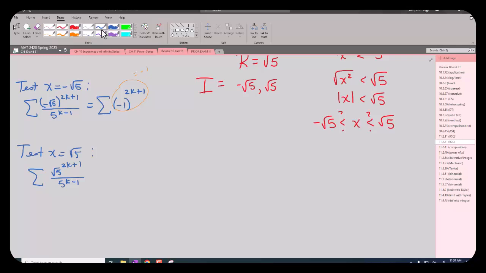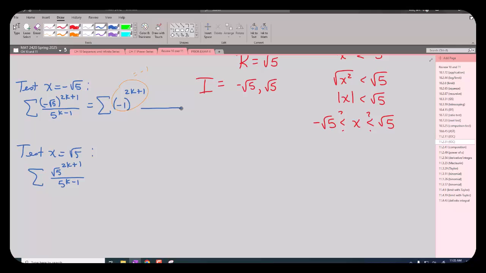Okay, now let's look at this square root of 5. We see a 5 in the denominator, and we see this 5 buried in this square root here. We want to mash those together at some point; we want to combine those 5s. So I'm going to think of this in the numerator as 5 to the 1/2 raised to the 2k plus 1. We have to multiply the 1/2 times 2k plus 1.